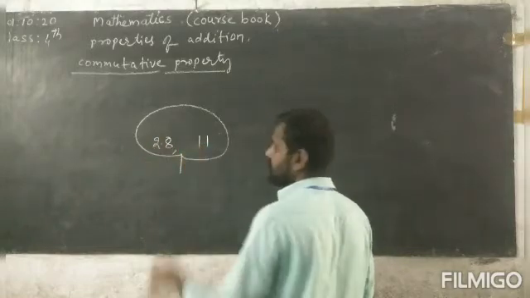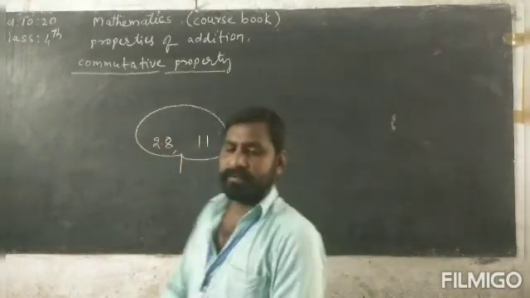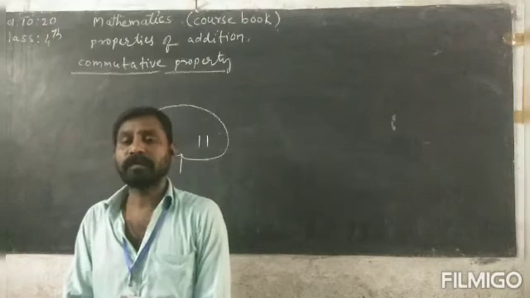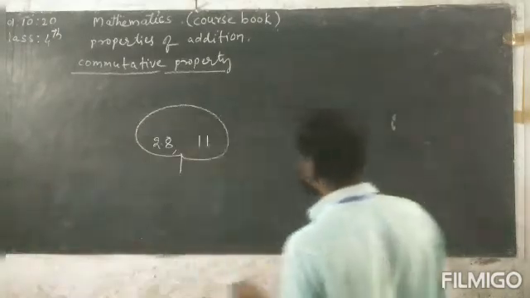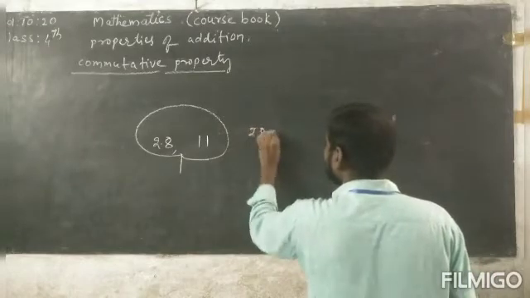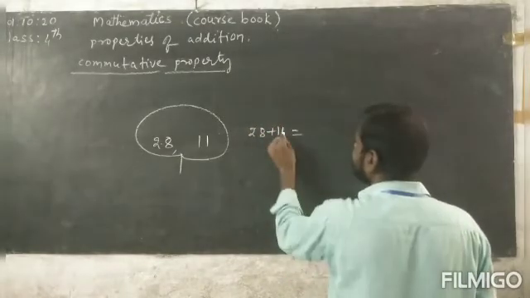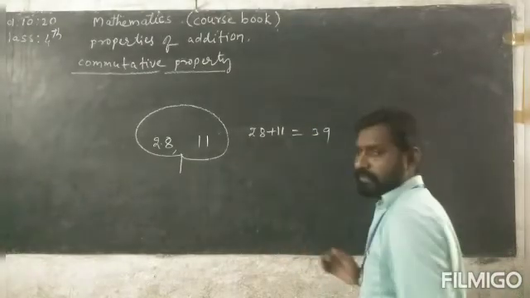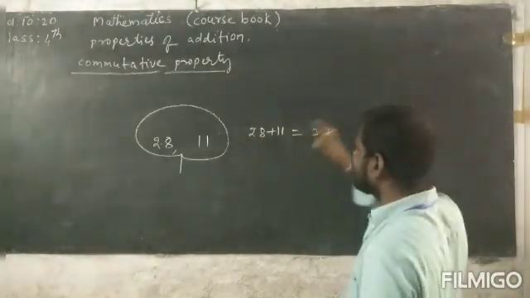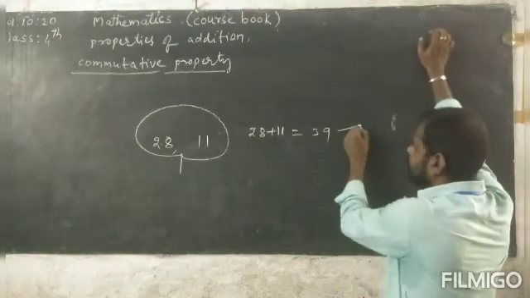If we add 2 numbers in any order, first we add 28 plus 11. What we get, beta? 1 plus 8, 9. 1 plus 2, 3, 39.